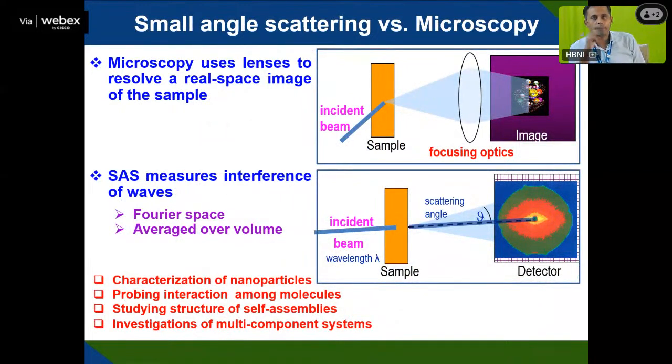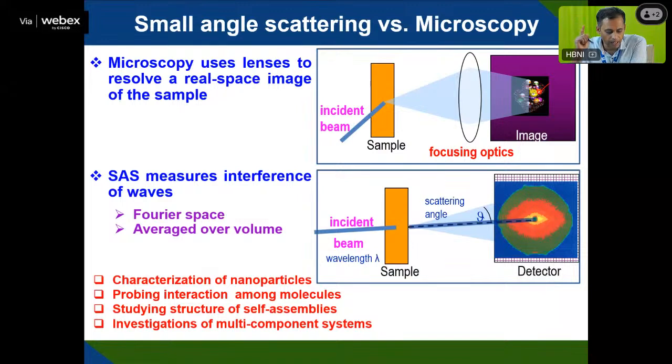If you see the comparison of small angle X-ray scattering and microscopic techniques, microscopy uses lenses to recover the real space image of the sample. You have a sample here, and the incident beam is falling, and you can focus by using a lens, and you are able to get this real space image.